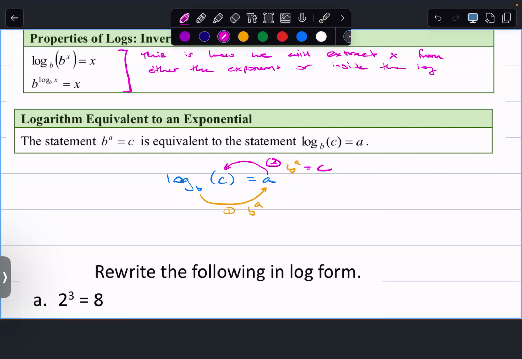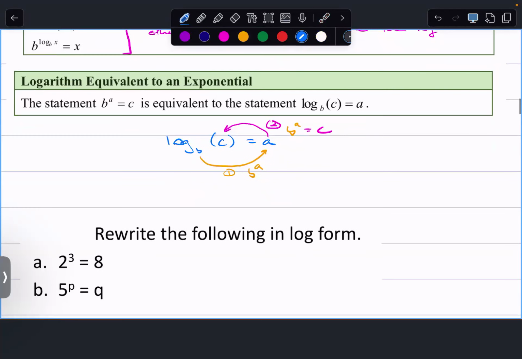And so here, versus b to the power of a is equal to c, I think that's harder. But then I just map it backwards to a log.